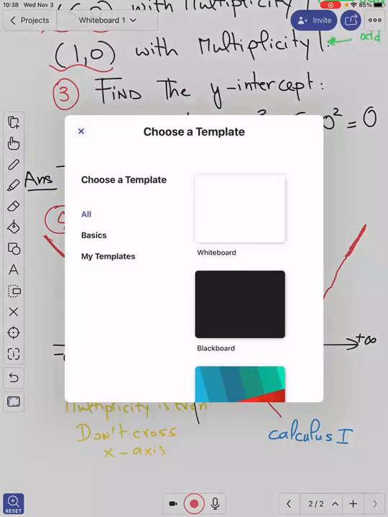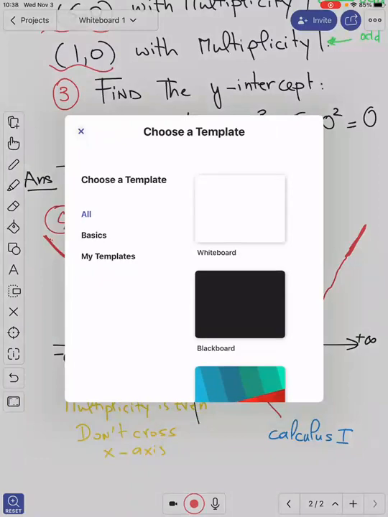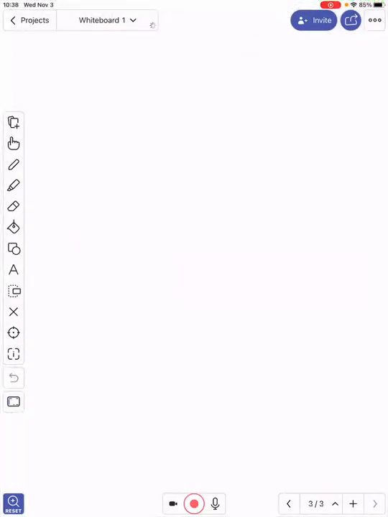Oops, I wanted to jump to a new page. I don't know what's going on here, but okay. So this is section 2.6, rational functions.